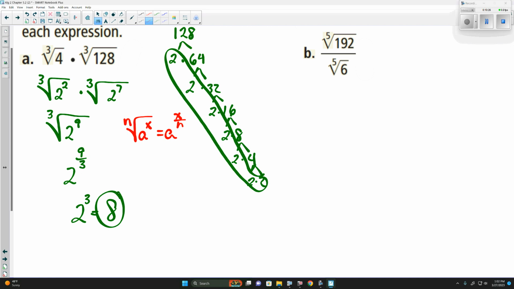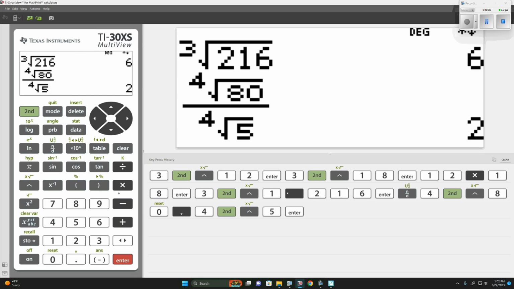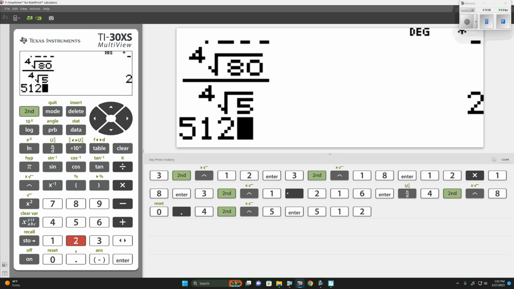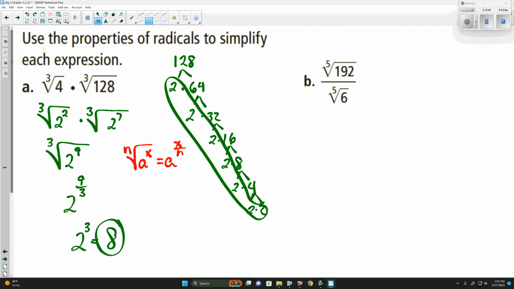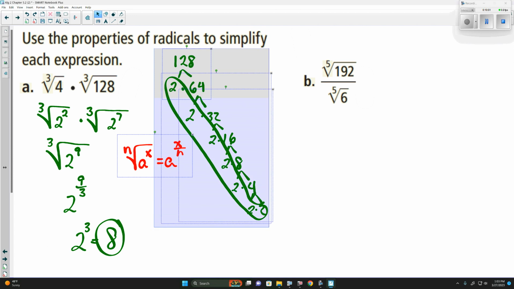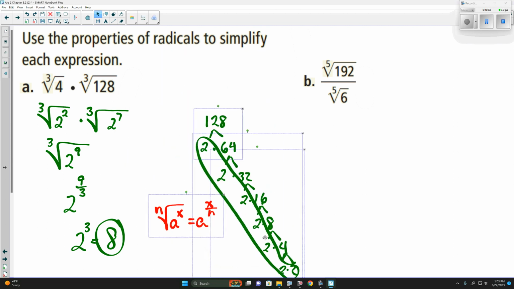Now, if we'd multiplied them together at the beginning, it would have been 556, no, 512. Yeah, would have been our number. And then it's just doing it from there. Because I can just move that down.